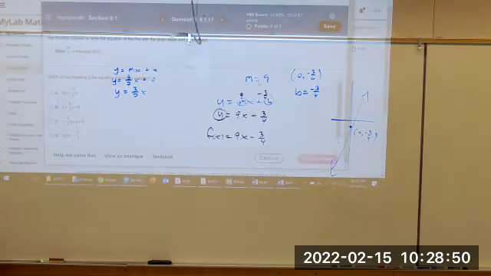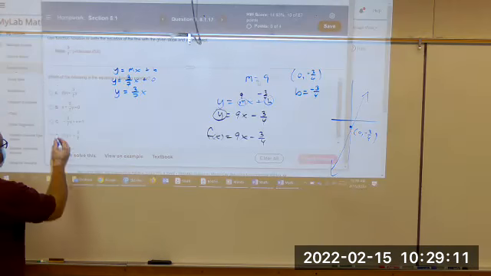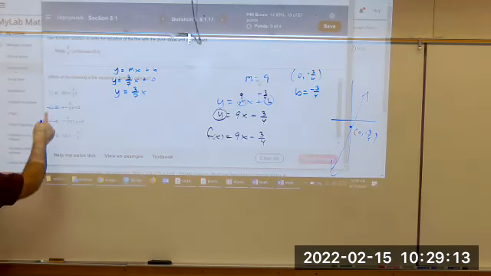Maybe you can make the problem easier without actually doing the problem. They want the answer in function notation. Look at B, look at C. Do you see an f of x in either B or C? None of those are using function notation. It can't be B, can't be C. So my only two possibilities are A and D.